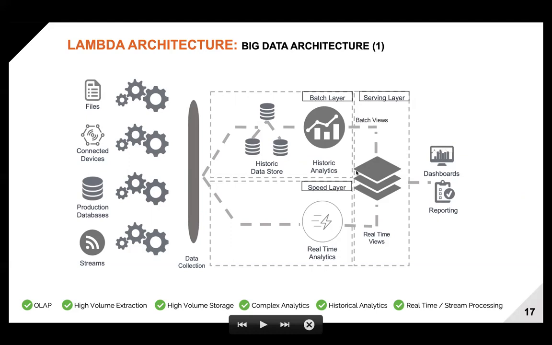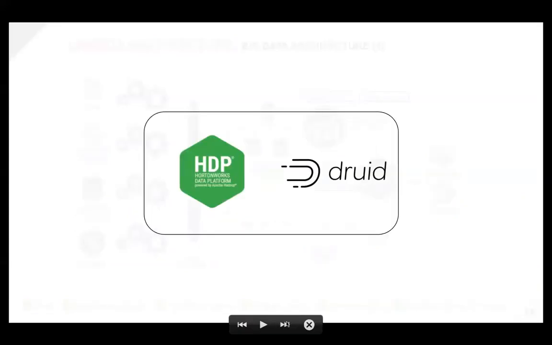And finally, you can find the serving layer in order to represent the different results of batch and speed layer. And thanks to this sort of architectures, it will be possible to have real-time and stream processing in the decisional world. One of the technologies that implement this architecture is Apache Druid.